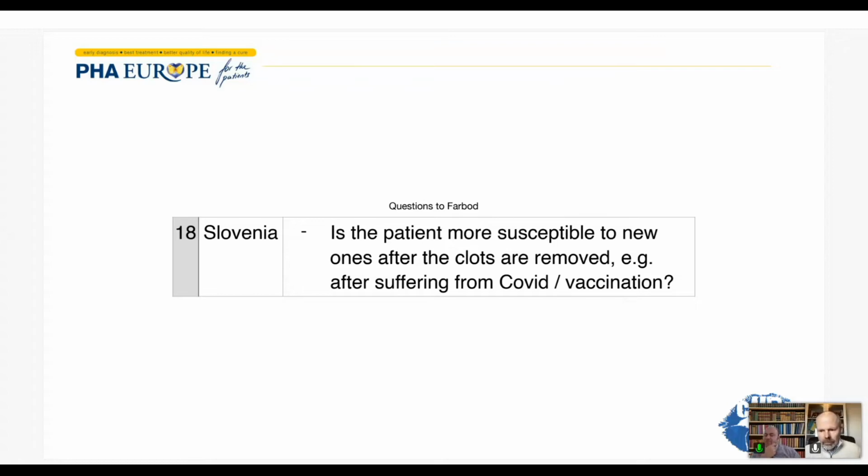I think we don't know the answer to this, but the data does suggest that if you remain anticoagulated after your surgery, you're fairly well protected. So I wouldn't not get the surgery because you're worried that it'll put you at risk of more clot. At the end of the day, the best protection against that is anticoagulation.